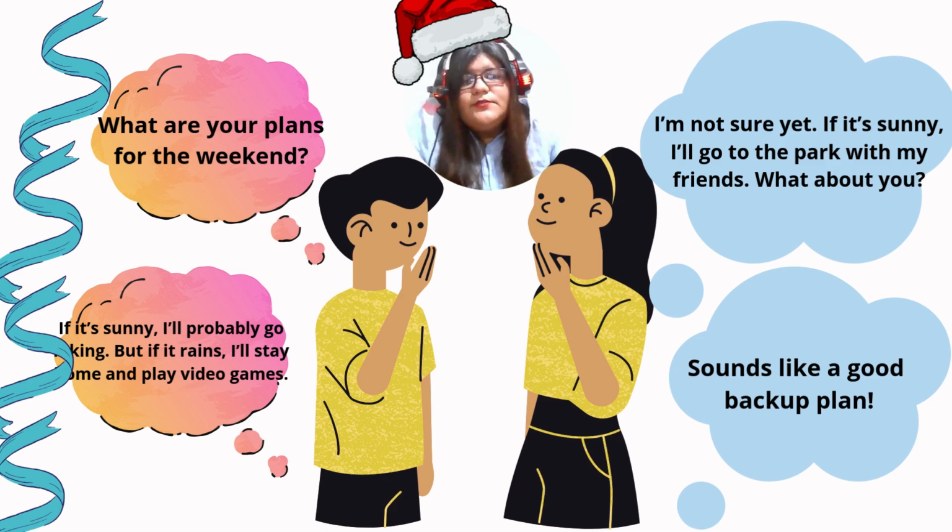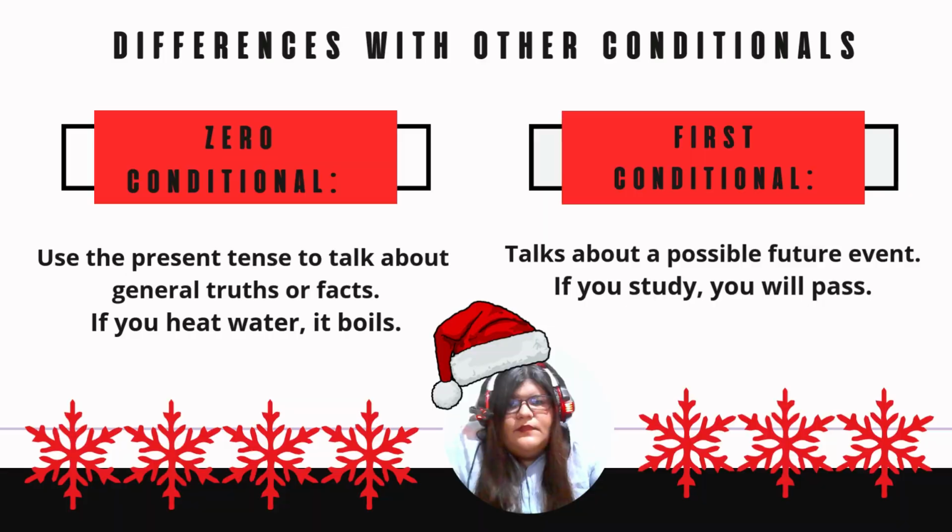But don't worry, you will understand with this, right? Contracted form of will: I'll probably go hiking, but if it rains, I'll stay home and play video games. And she says, sounds like a good backup plan.